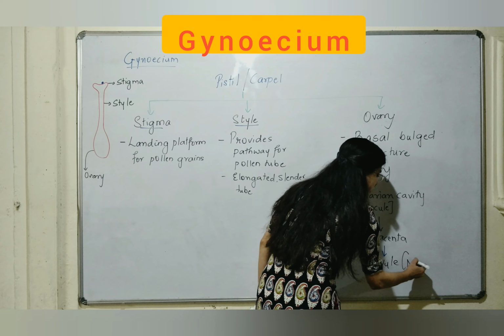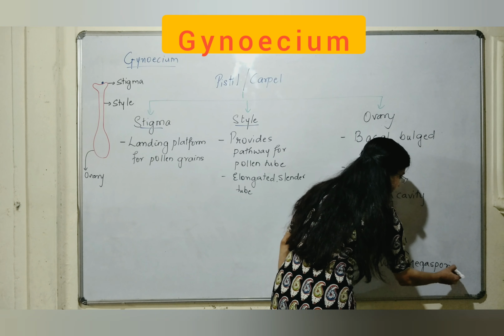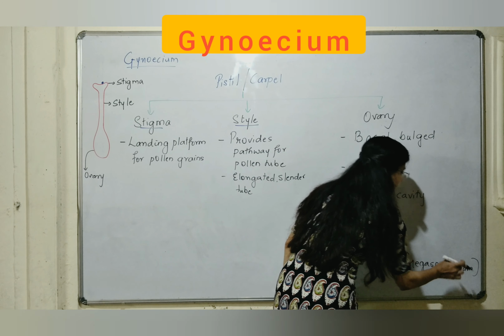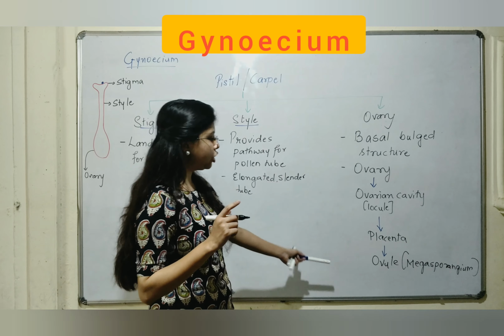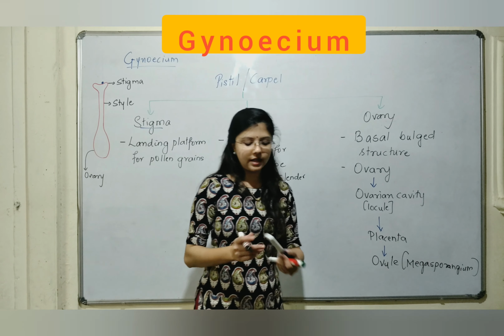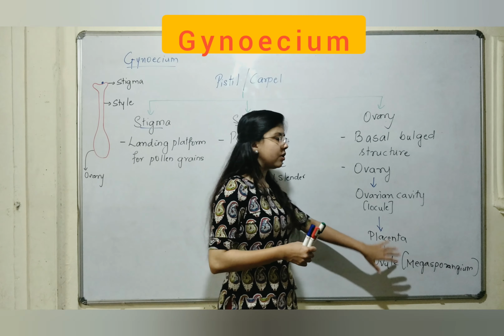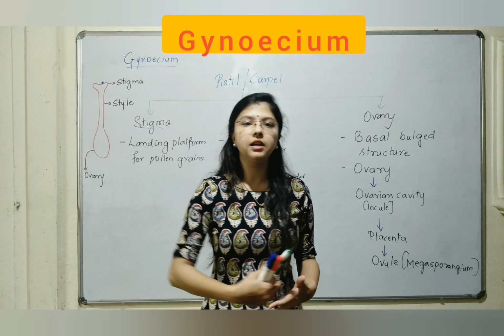Now, ovule is the megasporangium. Like there was a microsporangium inside the anther, similarly inside the ovary, the ovule is called the megasporangium. And inside the megasporangium will take place the development of the female gamete.